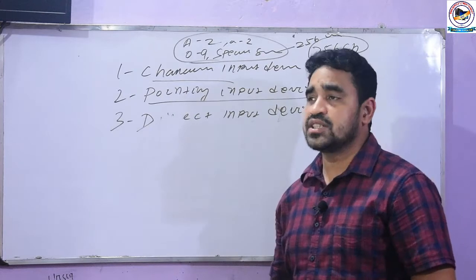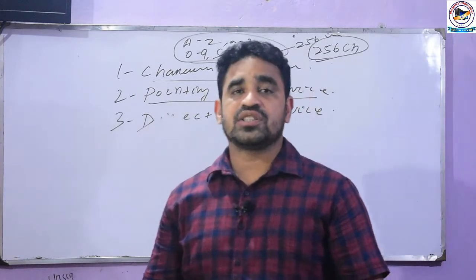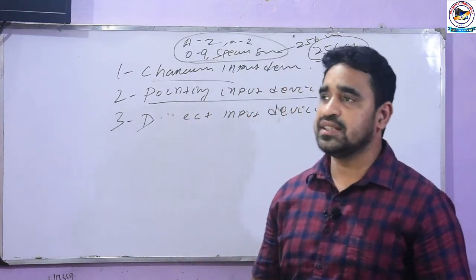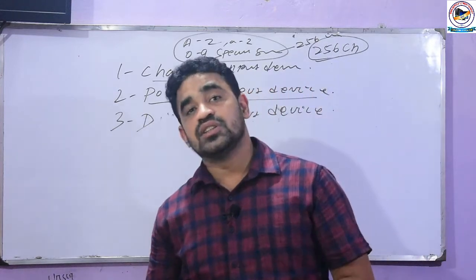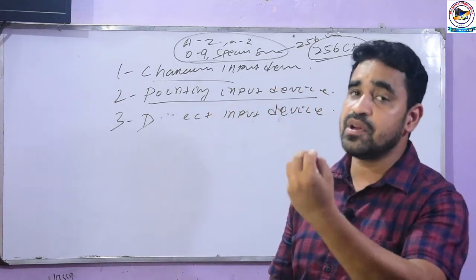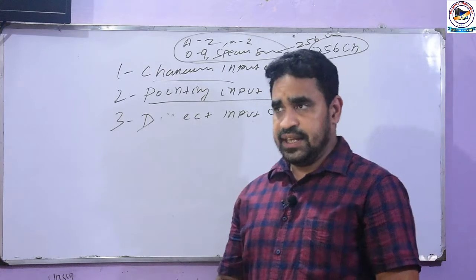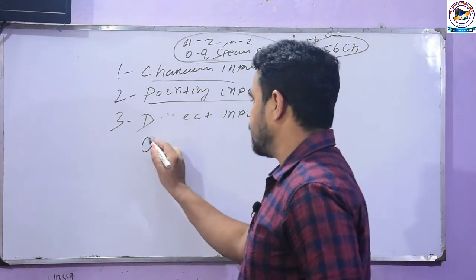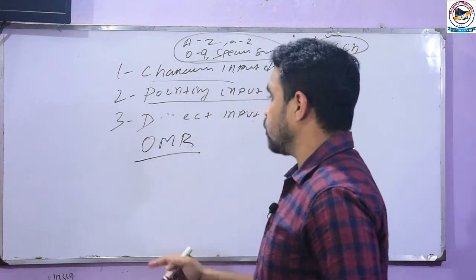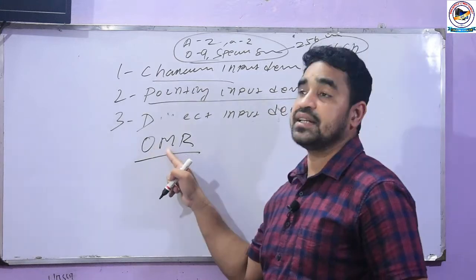Then we discuss the scanner. Scanner is a direct input device through which we scan specific data and it is directly displayed on the monitor screen. Then we discuss OMR. What is OMR? OMR is the important part. OMR stands for optical mark reader.